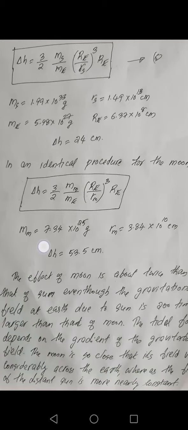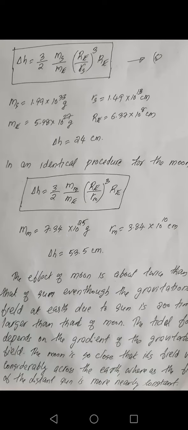Very important. That is the height due to the sun's gravitational field. If I substitute the values Ms, Me, rs, re as given, delta h is equal to 24 centimeter. The sun raises the water to a height of 24 centimeter.